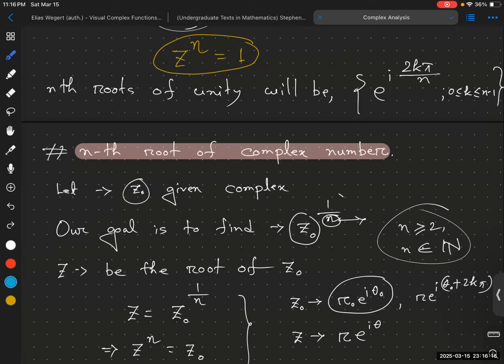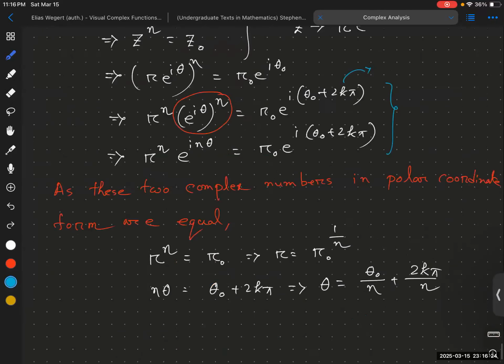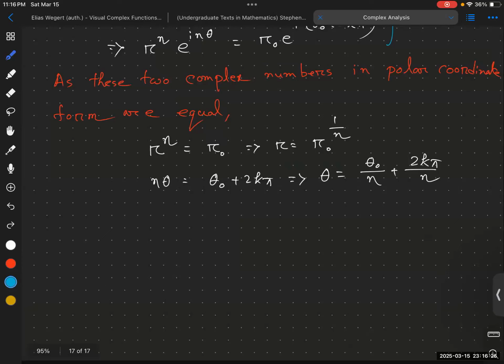That means we are going to solve an equation and find n distinct roots. How can we find this? We can consider the values of k from 0, 1, 2, 3, up to n minus 1. Then we get different values of theta, and as the values of theta are different, our roots will also be different.